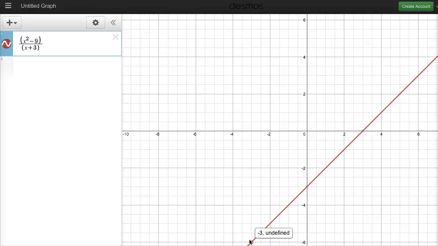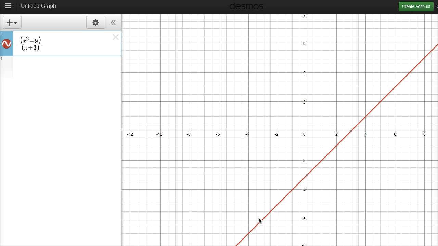So then looking over to the corresponding y coordinate that would go with this -3, there isn't one. But if I looked right over here, I know that corresponds to -6. So right there, there's a hole in my graph at -3. So I know that that point is not part of this graph. So I know that that -6, which would be the corresponding y coordinate, is not part of my range.